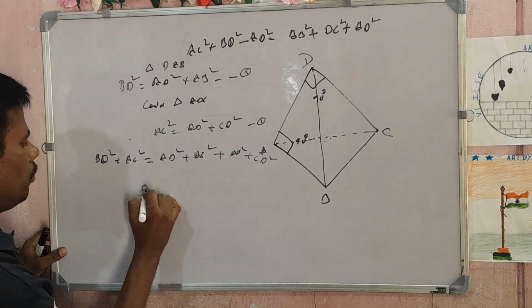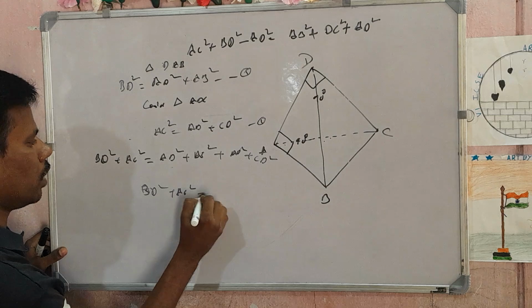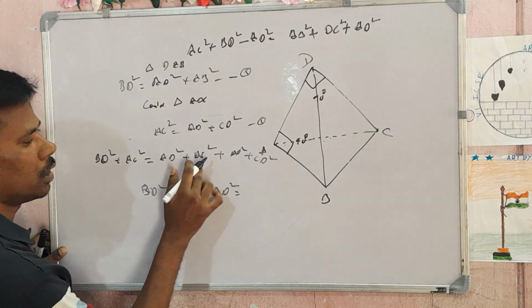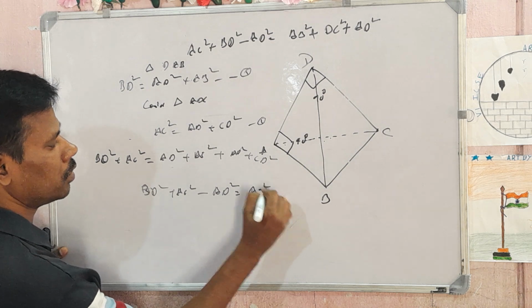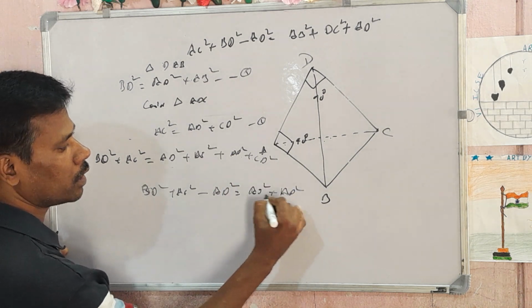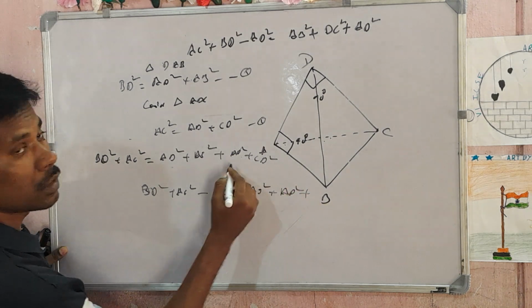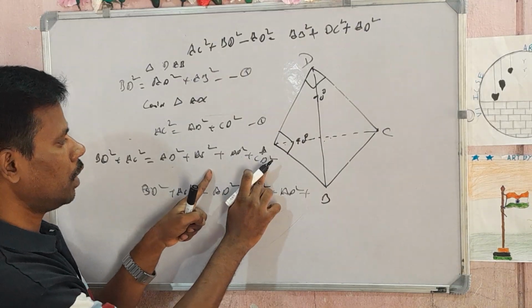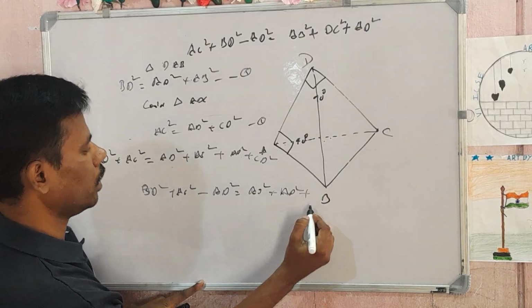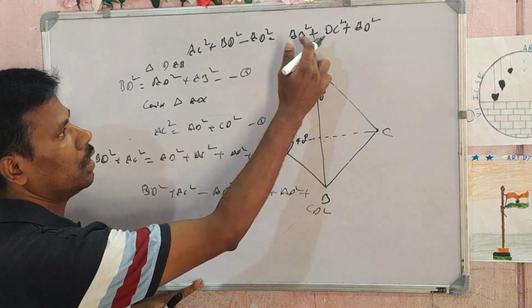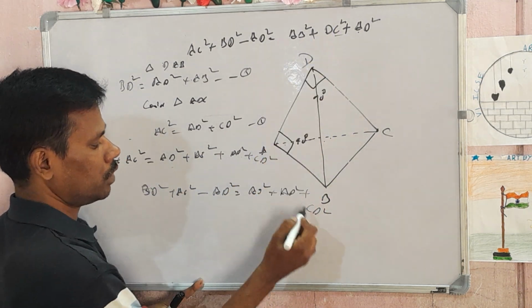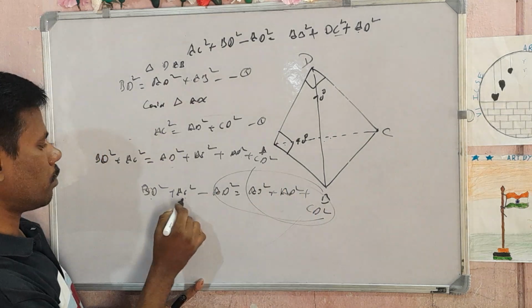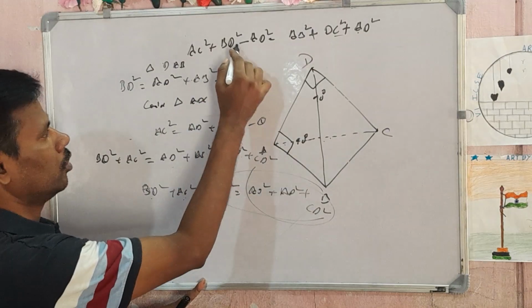So BD square plus AC square, bringing one AD square to this side, minus AD square is equal to AB square plus AD square plus CD square.